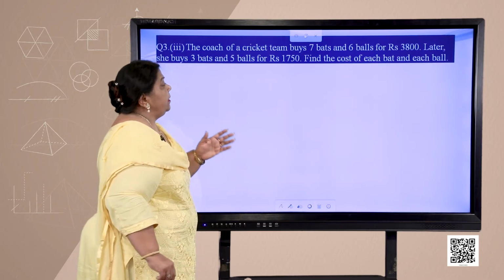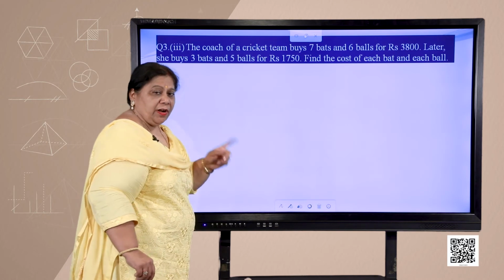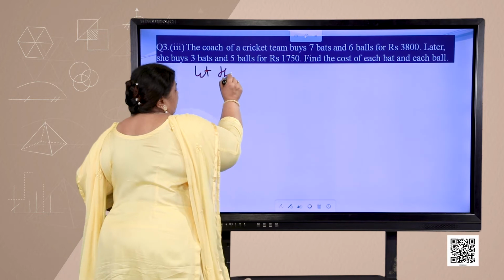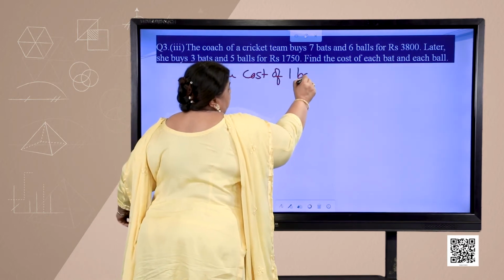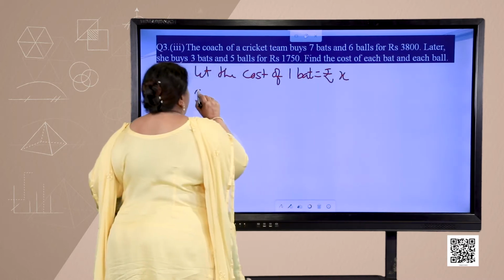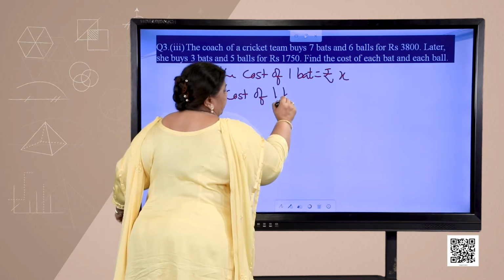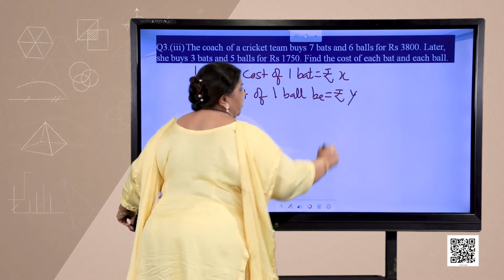Now, let us take the cost of one bat as rupees x and cost of one ball as rupees y.